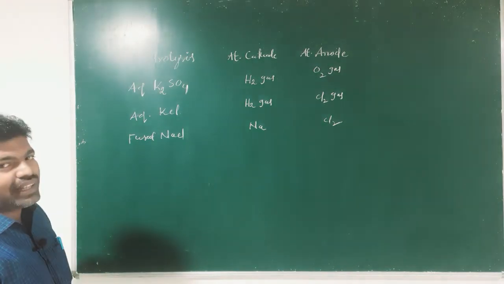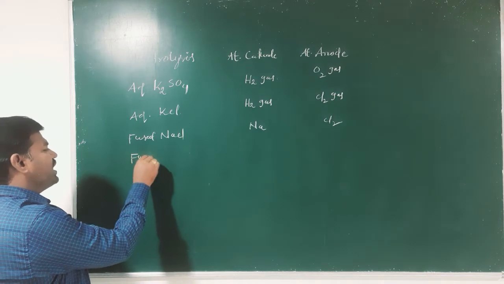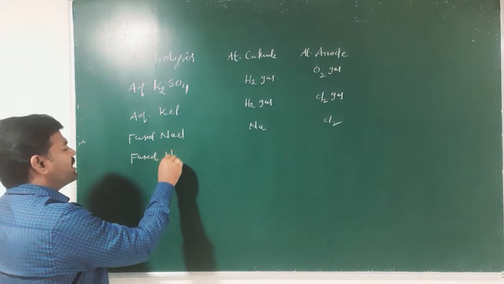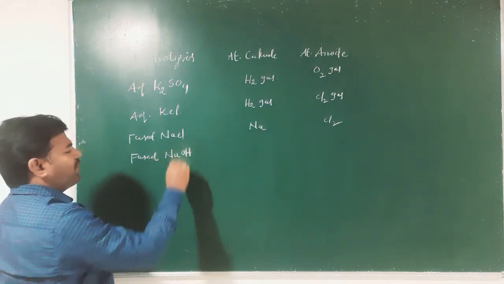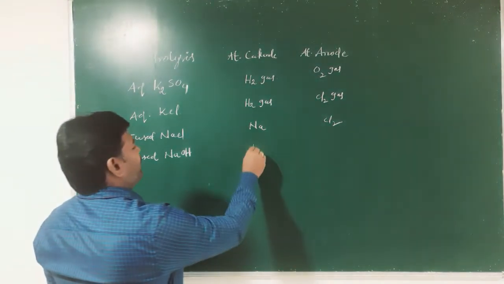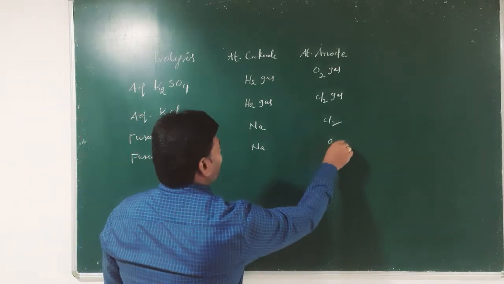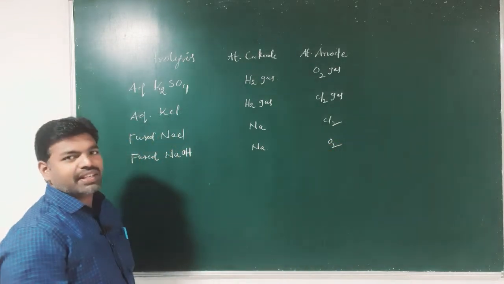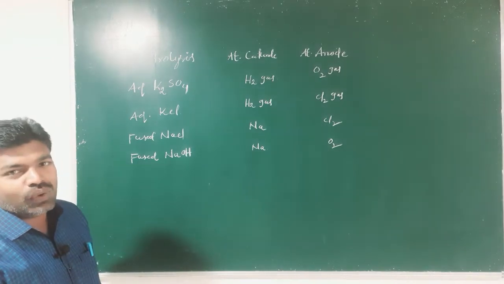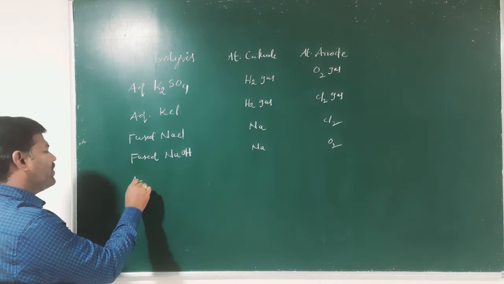Let us go for another example, fused NaOH. If we electrolyze fused sodium hydroxide, we get sodium at the cathode and O2 gas at the anode.